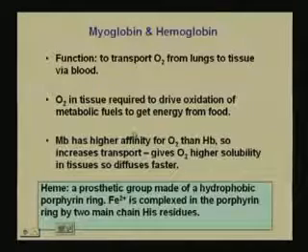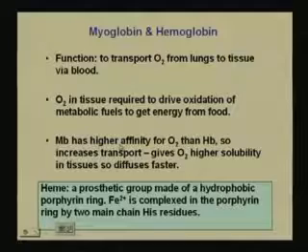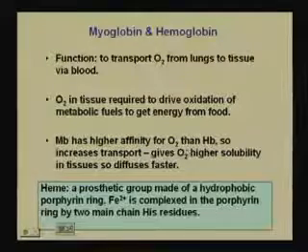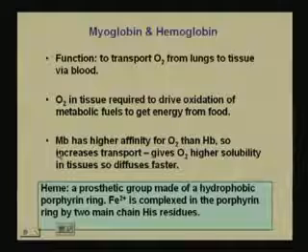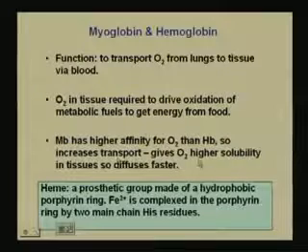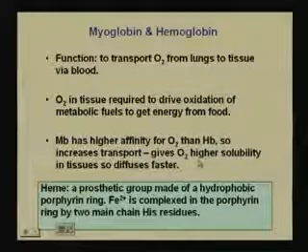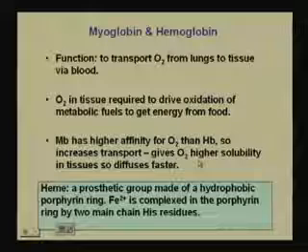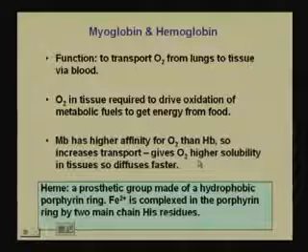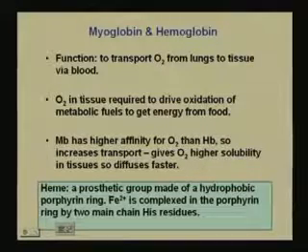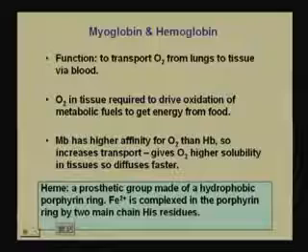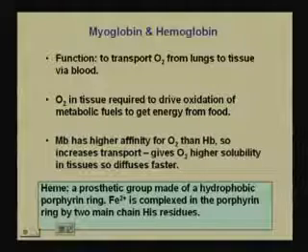We will also see that myoglobin has a higher affinity for oxygen than hemoglobin. So, it increases the transport and gives oxygen higher solubility in tissues, because that is where the oxygen is needed for the energy, for the oxidation of the fuels and so on.